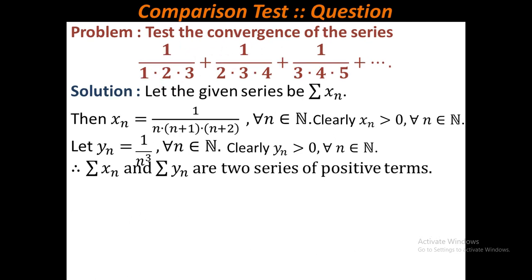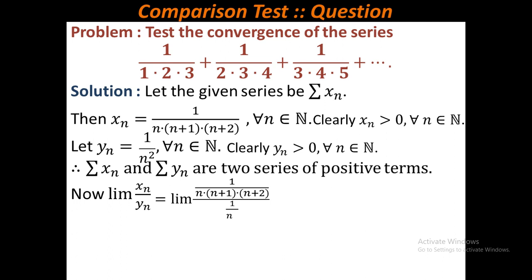Now, I take another form of yn. Suppose I take 1 by n square instead of 1 by n cube. So xn by yn means, here also, n square by n into n plus 1 into n plus 2, if you calculate it, this will also be 0. So when it is 0, what happens?